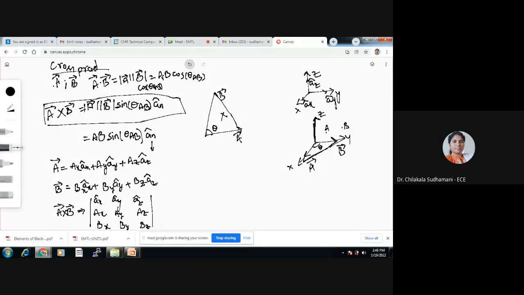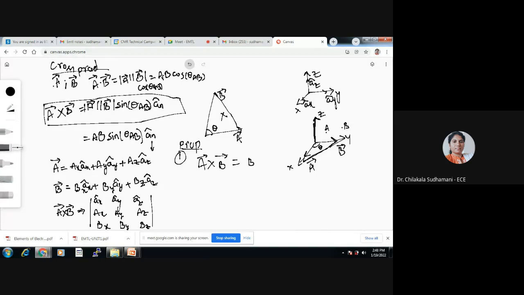Now we'll see what the different properties of the cross product are. As we know, one property of the dot product is that it is commutative. The cross product is not commutative. The first property is that A bar cross B bar is not equal to B bar cross A bar.